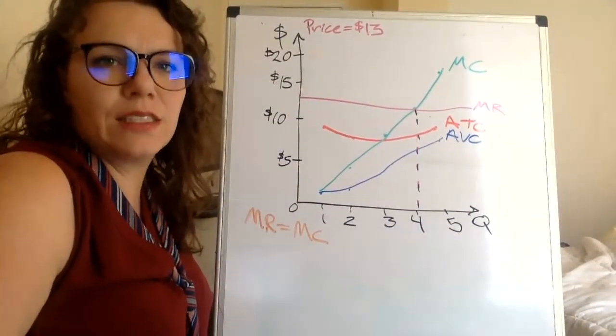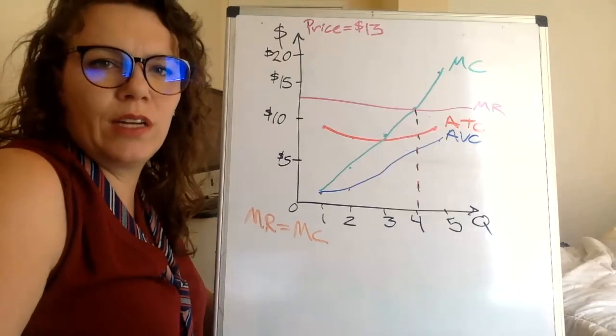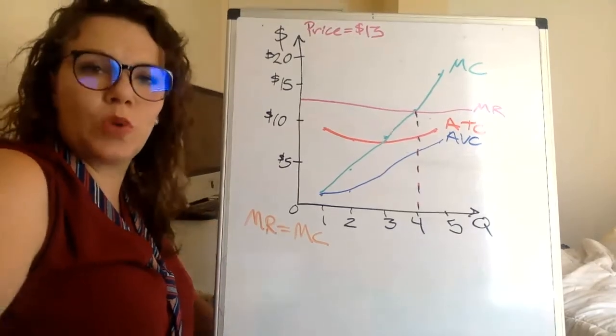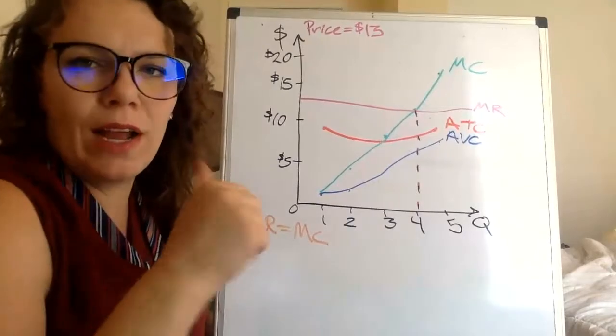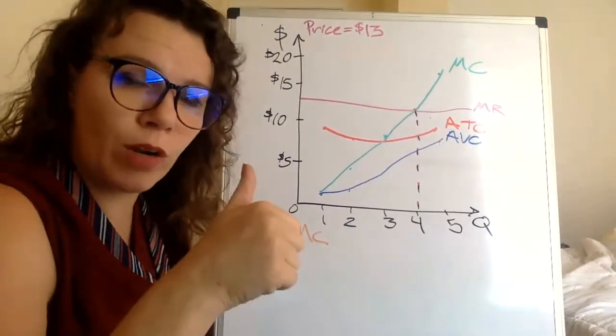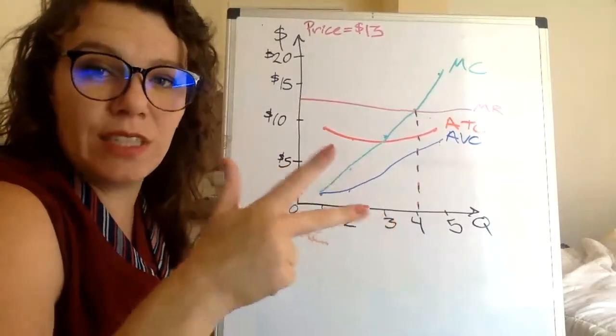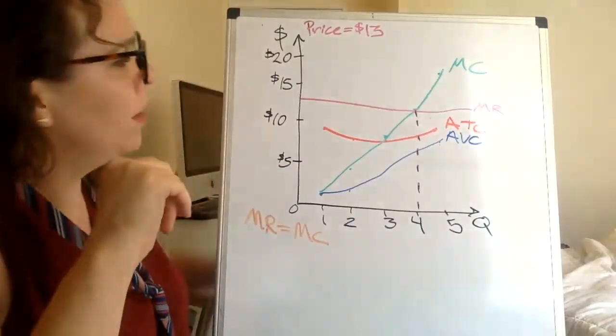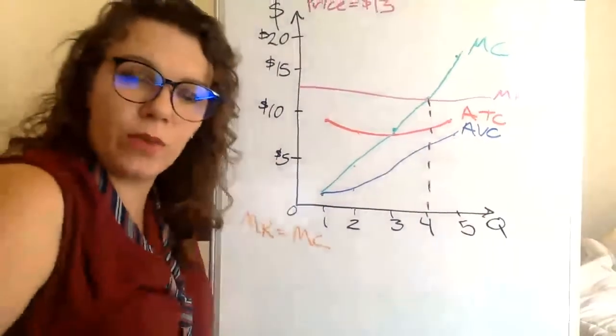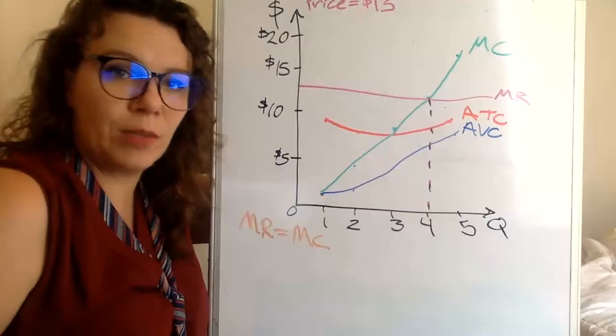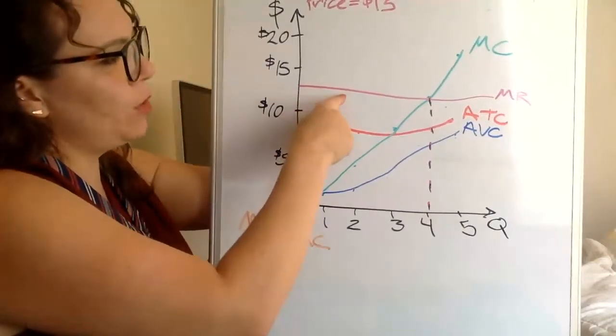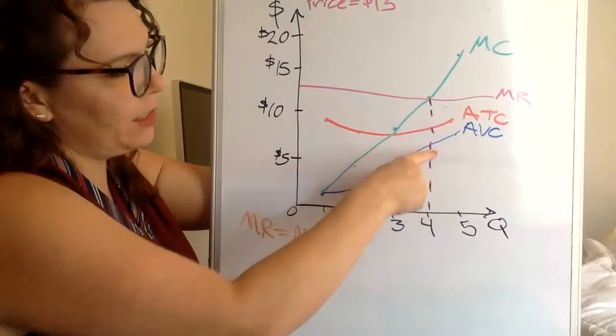Part D asks, would they produce in the short run, and would they produce in the long run? And now we're asking about the shutdown rule in the short run, and then exit and entry in the long run. So in the short run, firms make the decision about whether or not to produce based on average variable costs. If marginal revenue is greater than average variable costs, they're going to produce.